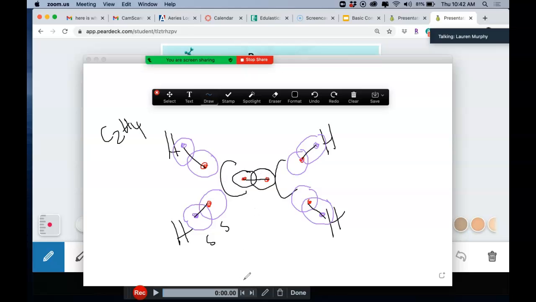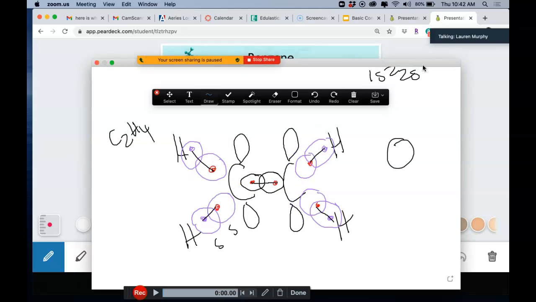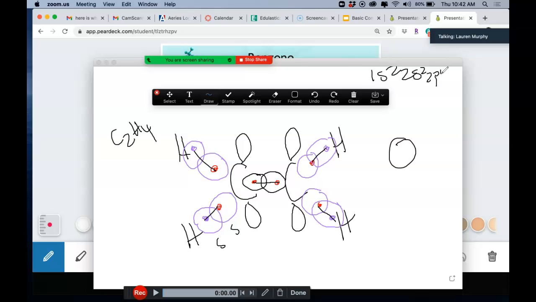Now, carbon's not full yet, right? So the s orbitals for carbon have already been used. After s orbitals come p orbitals. So what happens is each carbon has a p orbital, right? 1s2, 2s2, 2p2, sorry.